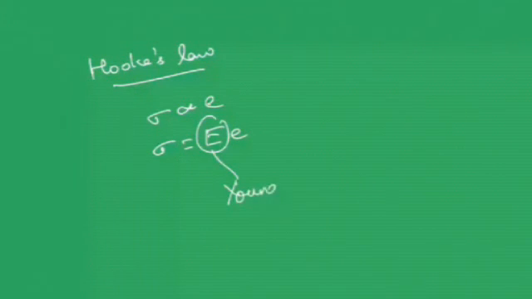Now talking about Hooke's law, which states that stress is directly proportional to the strain, stress will be equal to capital E, the proportionality constant, into small e, the strain, where the proportionality constant is called the Young's modulus. Now what is the unit for the Young's modulus?